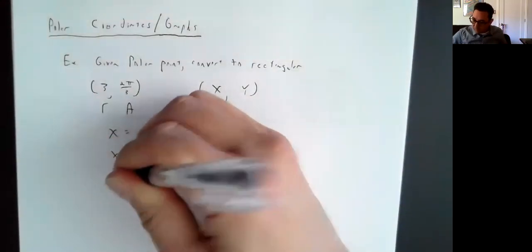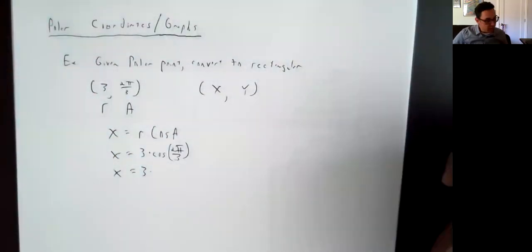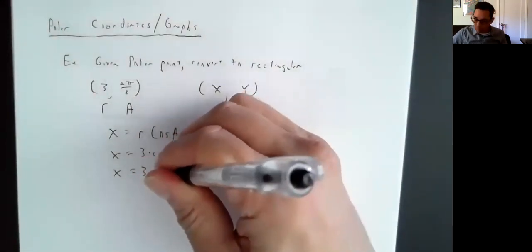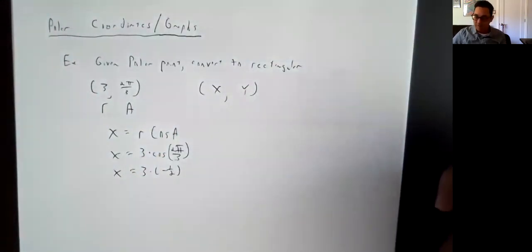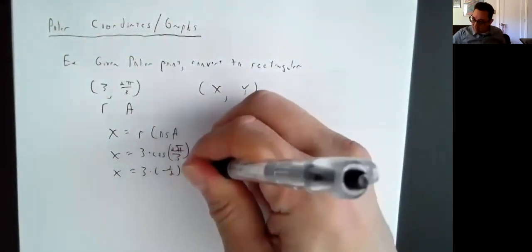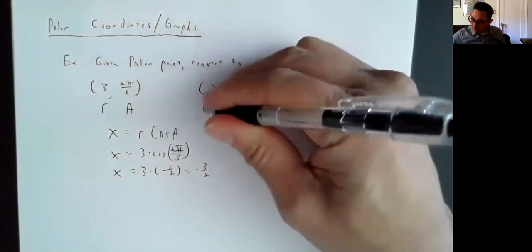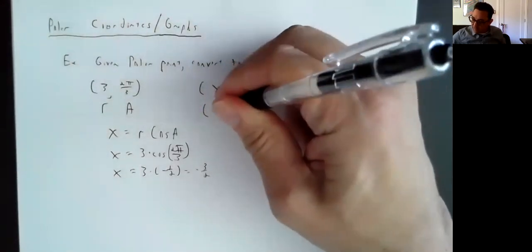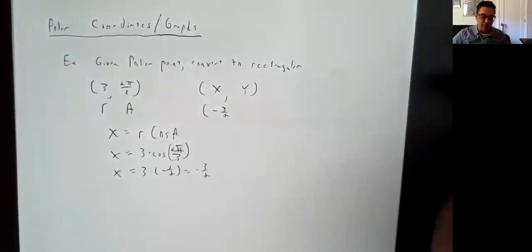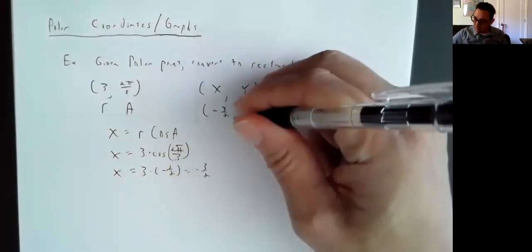The cosine of 2 pi over 3 is negative 1/2, and 3 times negative 1/2 is negative 3 over 2. So this point is going to start at negative 3 over 2. That's also negative 1 and 1/2. You can convert that from improper to mixed. I prefer the improper, but you could do it as mixed, and that would also totally be fine. So that is your X coordinate.